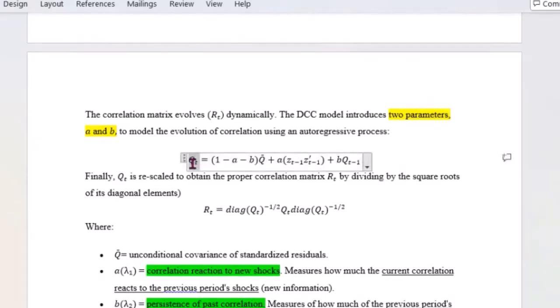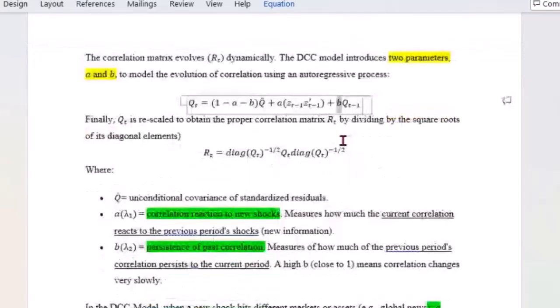And here we have Q_t, where Q bar is the unconditional covariance matrix of the standardized residuals. Q_t is equal to 1 minus A minus B, times Q bar, plus A, which we call lambda 1, times the standardized residual terms, plus B times Q_{t-1}.